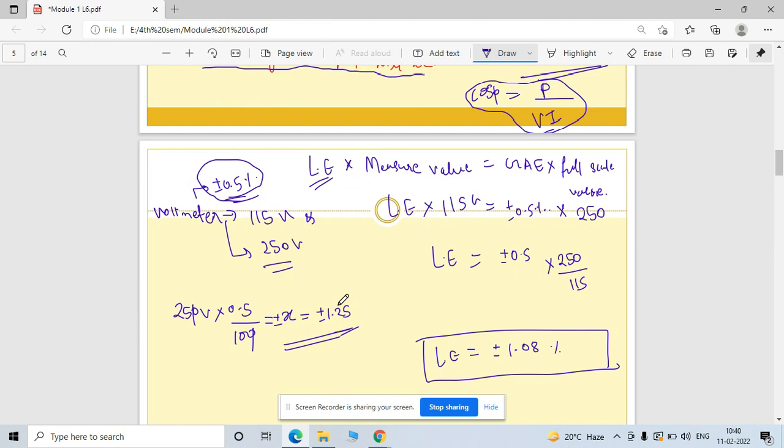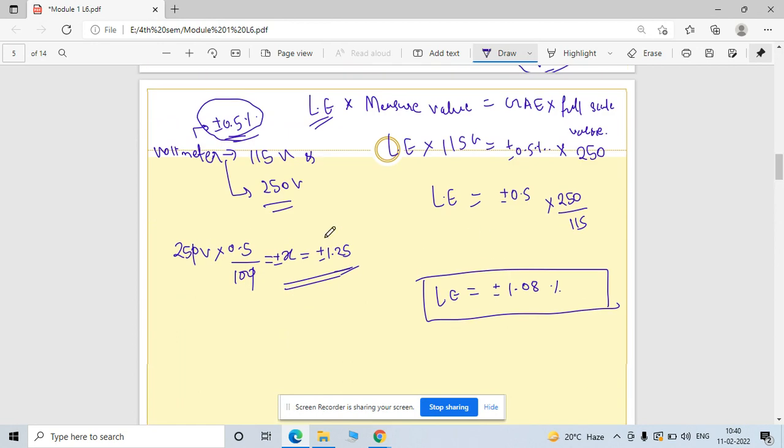These are the variation, absolute deviation from your full scale value. So while measuring the true value of 115 volt, these are the maximum deviation.